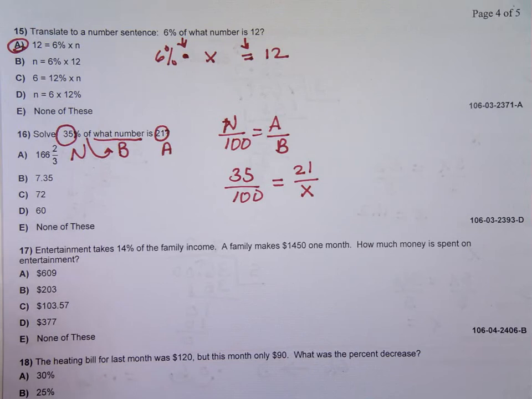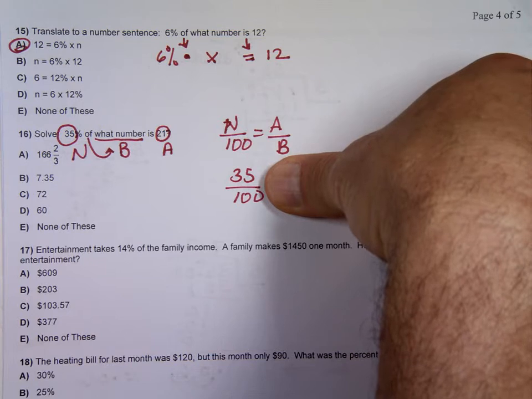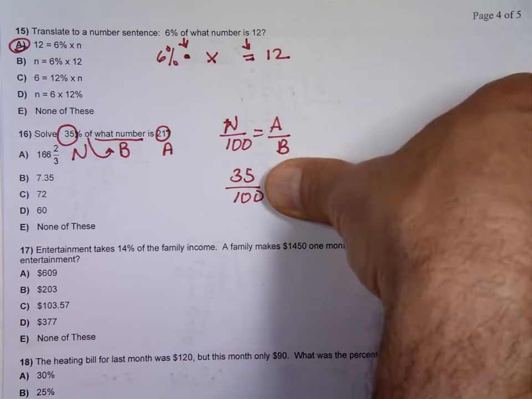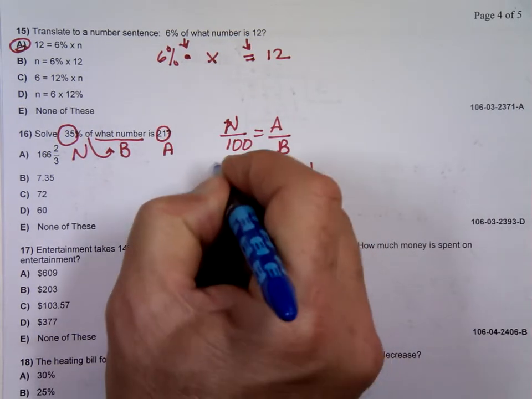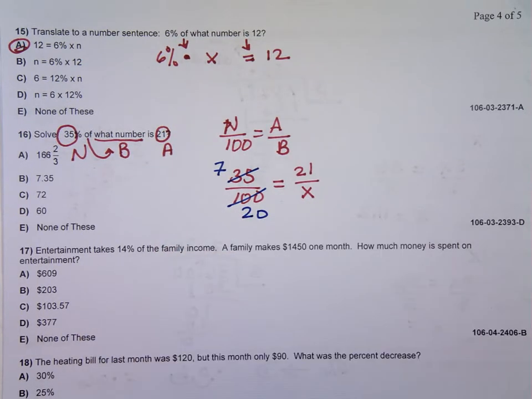I could make life easy on me by simplifying this fraction on the left, because I can divide it by 5, make it smaller numbers. By 5, this will be what? 7. By 5, this will be 20. Just to make the numbers smaller.